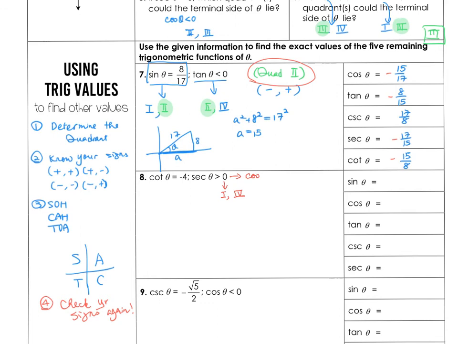Cotan is only negative in second and fourth. Therefore, the common shared quadrant is 4. So we're looking at the terminal angle landing in the fourth quadrant. Any points on the terminal side would have a positive x and a negative y. So let's go from there.